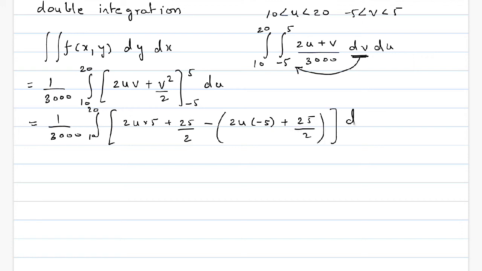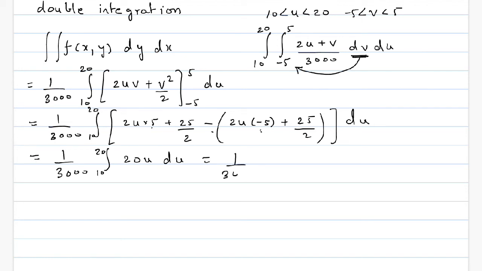So this becomes our upper limit minus lower limit. Now plus 25 and minus 25 will cancel out. Then we have 2u into 5, and minus minus gives a plus, so we get 2u into 5 here as well. So finally we get 1 by 3000 integration 10 to 20, and we'll have 20u du.